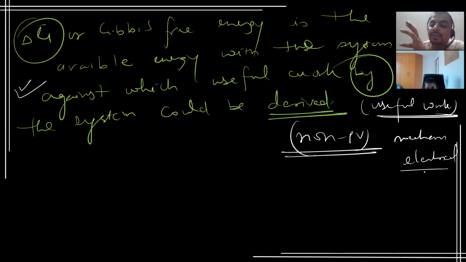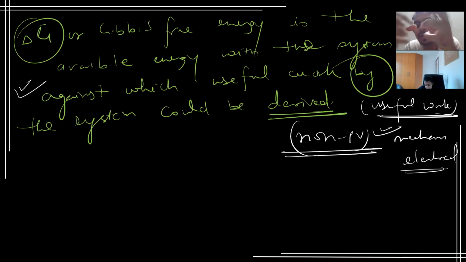Suppose you have gone outside and you want to get 5 liters, 10 liters of water from the hand pump. So mechanically you are doing the work, and in that process the energy of your body is decreasing. Can you feel that? If you do any kind of work, you are doing it at the cost of your energy. So this is useful work because energy is getting decreased and some useful event is taking place.